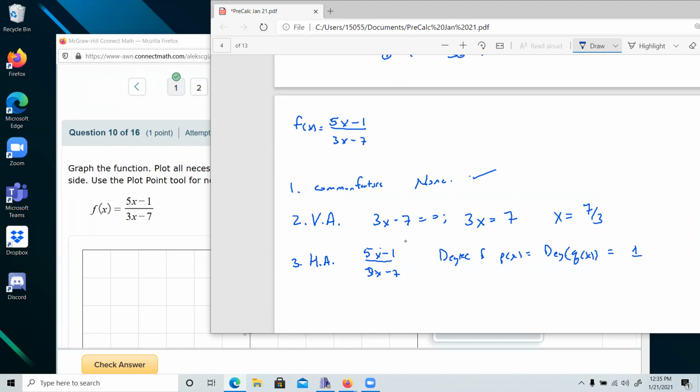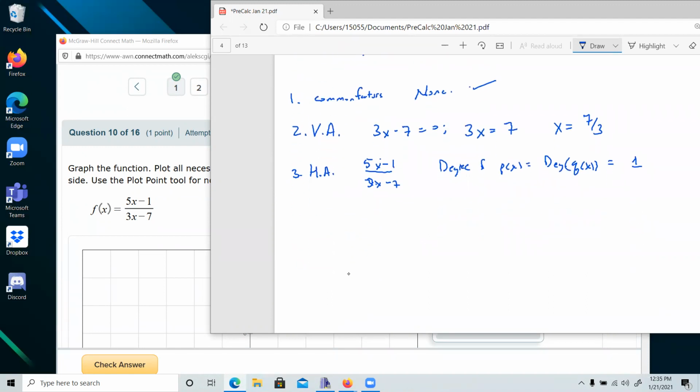So they're the same. What was the rule when they were the same? Well, the horizontal asymptote equals the ratio of their leading coefficients. So the line y is equal to 5/3 is our horizontal asymptote.